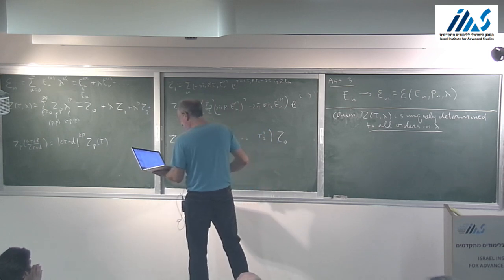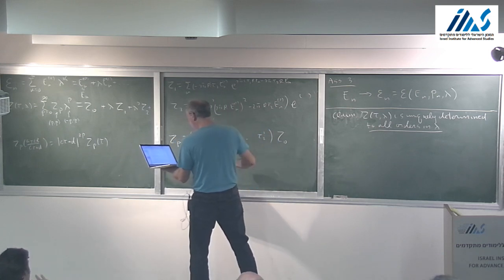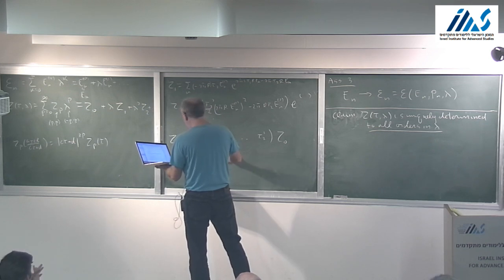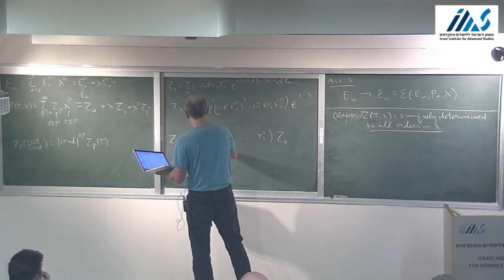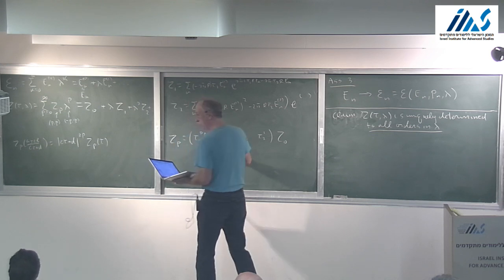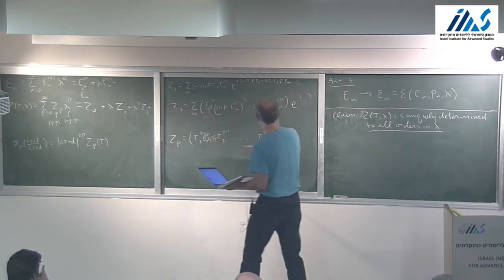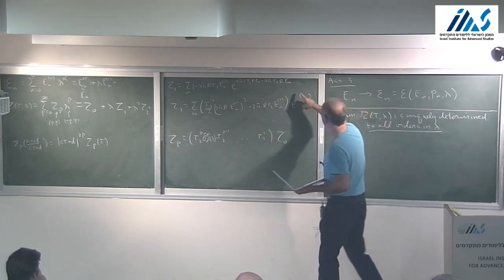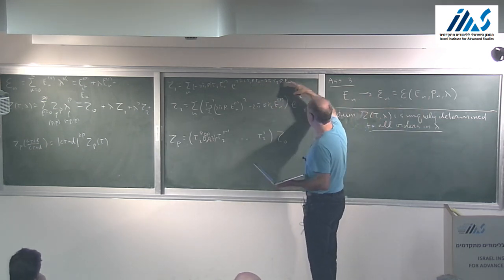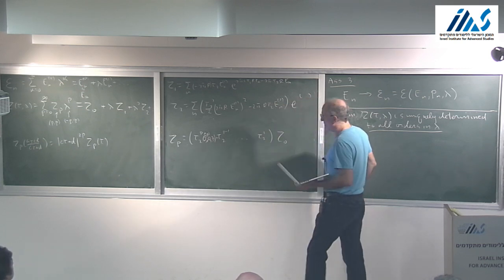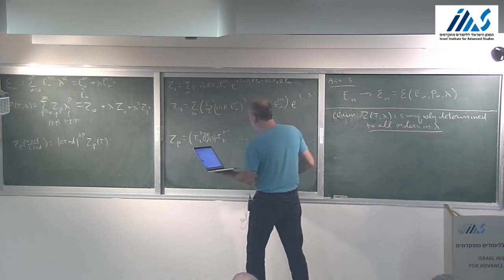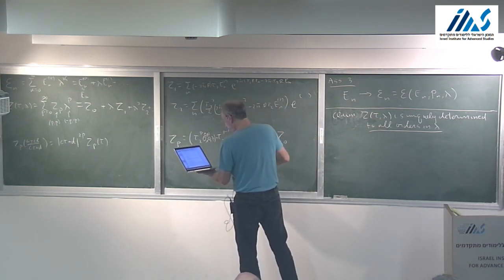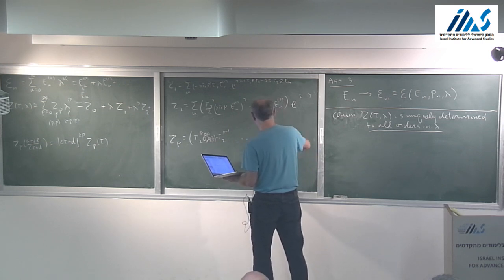By this assumption, they are some functions of the undeformed energies. Say the coefficient of tau 2 to the p is some operator, I claim, that I will call O_1^p. This operator only depends on the derivatives with respect to tau and tau bar, because when I differentiate with respect to tau and tau bar, I just bring down from the exponential the p's and E's, and that's all that appears in these functions. So in front of every one of those things, there is something like this.